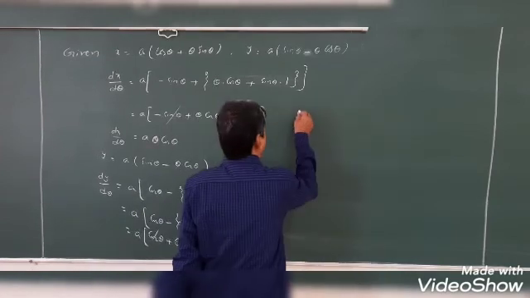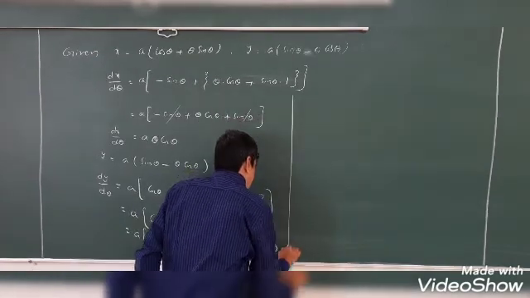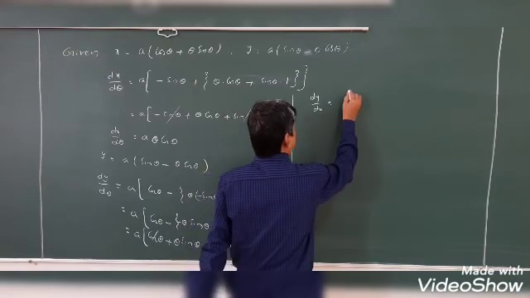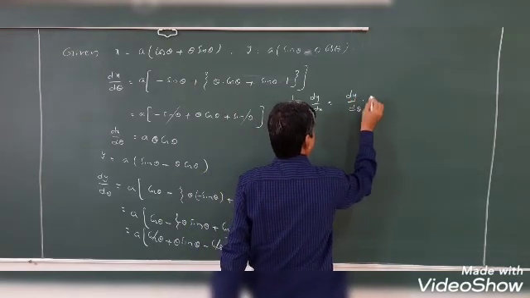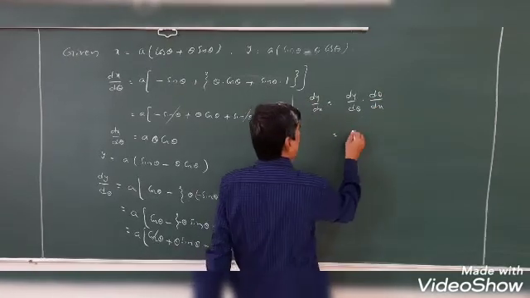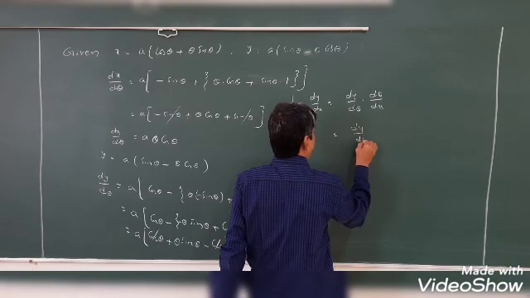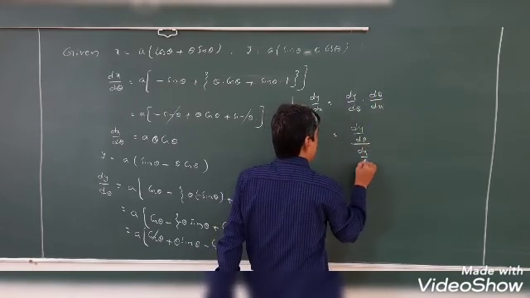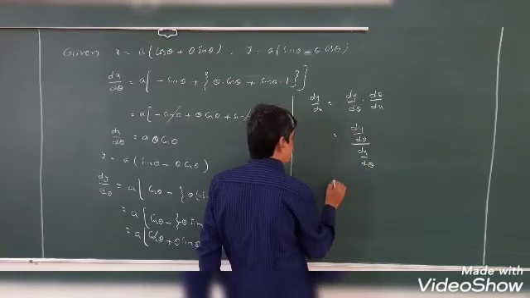Now we want to find dy by dx. So dy by dx is equal to dy by d theta into d theta by dx, this one we will write as dy by d theta divided by dx by d theta.